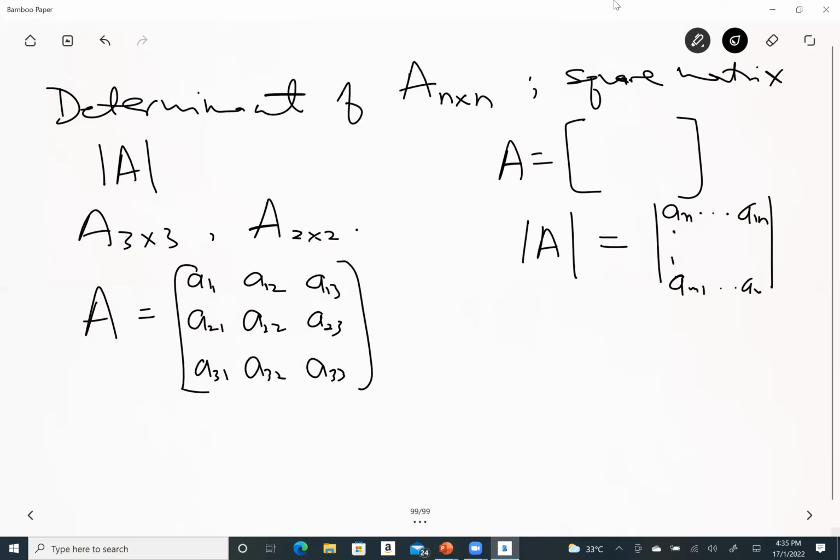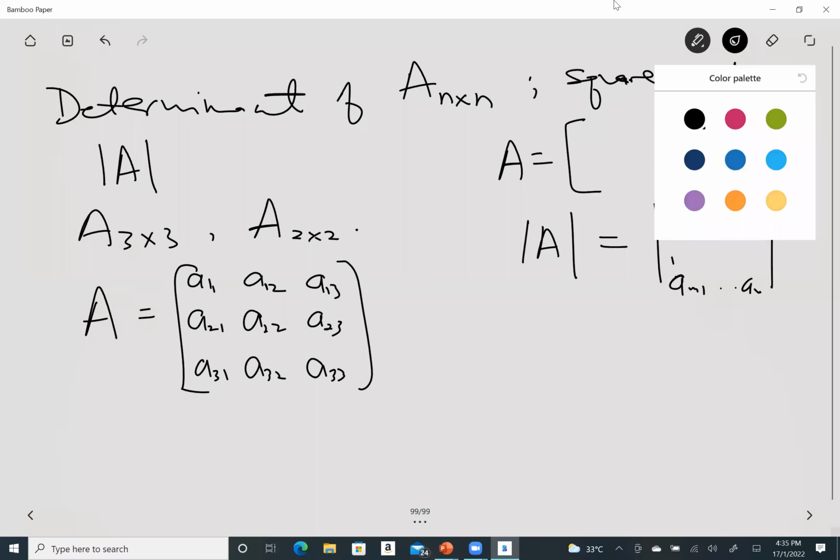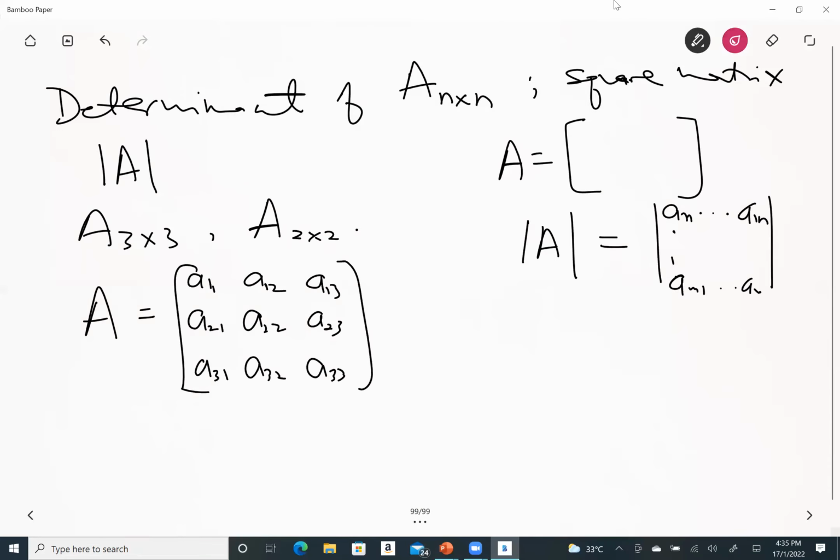How do you get the determinant? One straightforward method is this: you rewrite the first column outside, A11, A21, A31, and then the second column, A12, A22, A32.